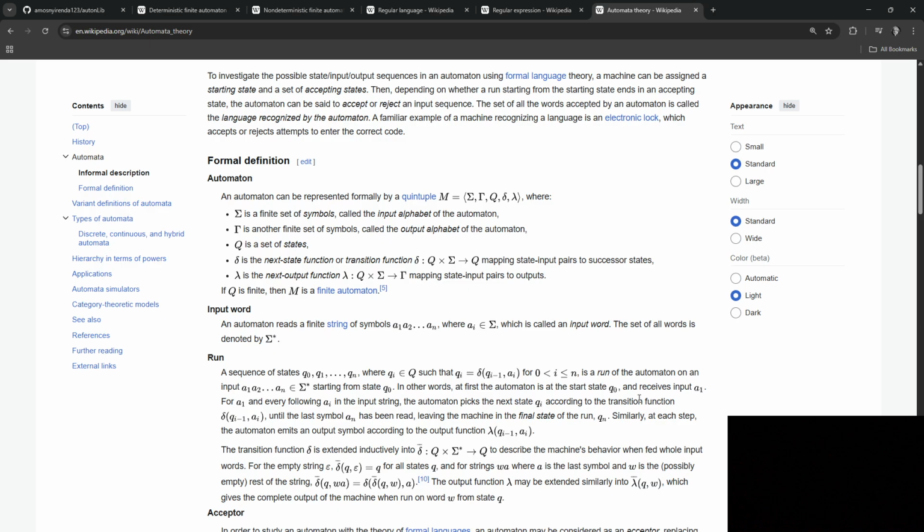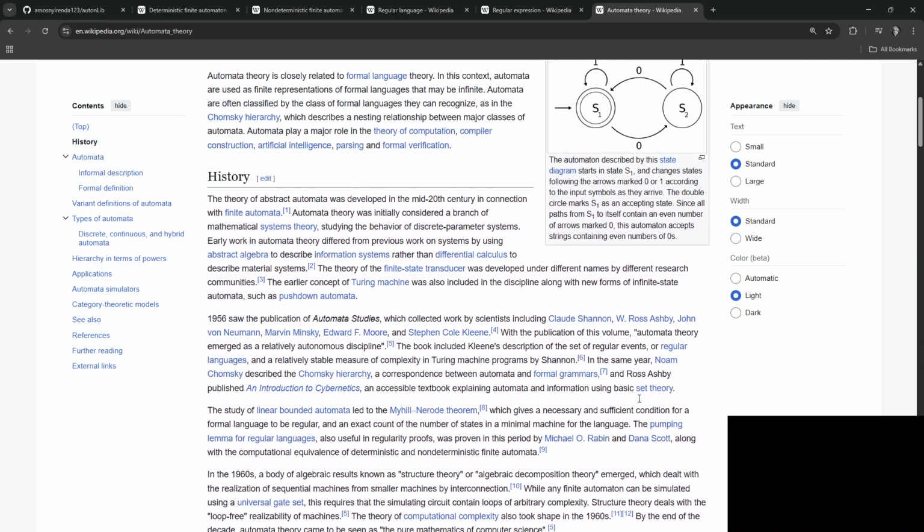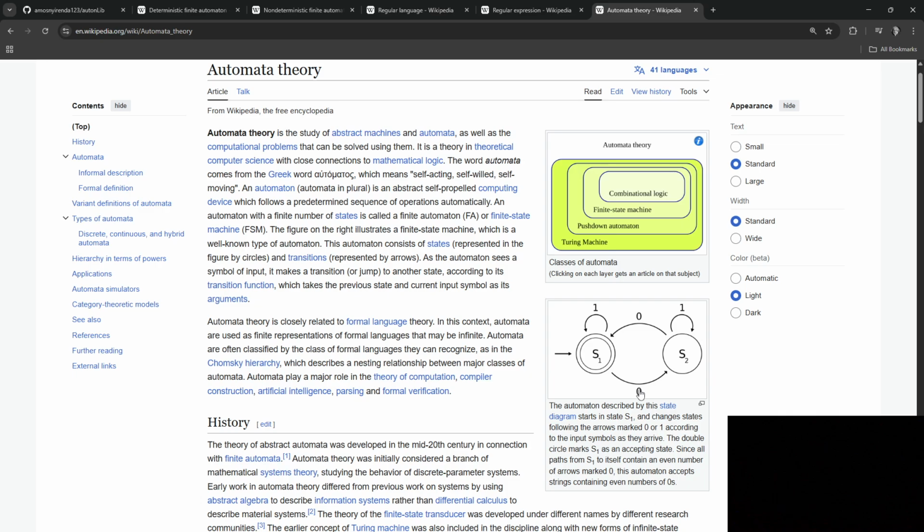Strings like 0 0, 0 1 are examples of combinations of symbols that we can understand as being words of some particular language.